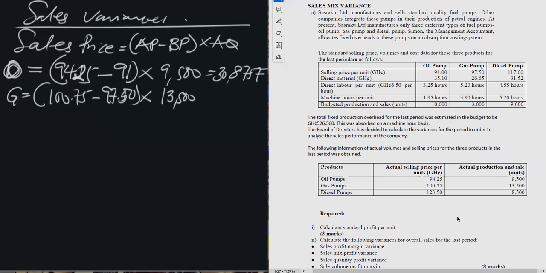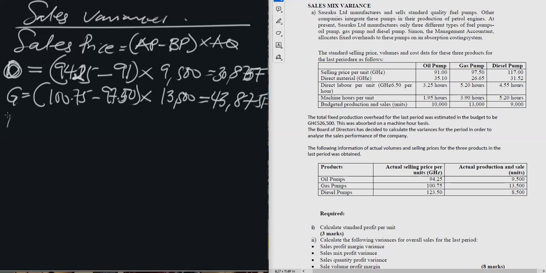So 100.75 minus 97.5, all at 13,500, gives us 43,875, favorable again.